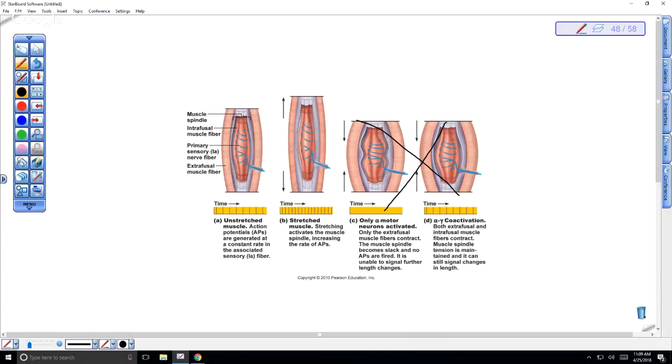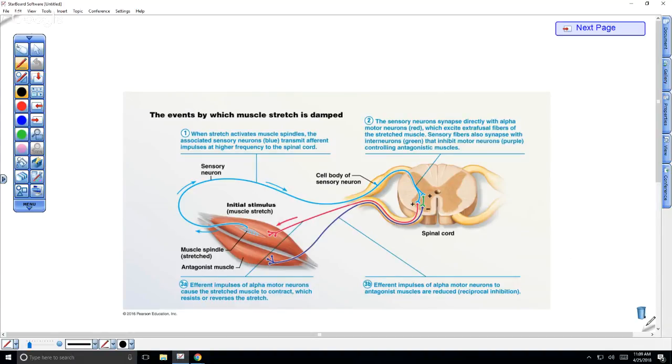And then all of a sudden the muscle stretches and the spinal cord is like, whoa, because notice that the frequency of action potentials changes. And the spinal cord can sense this and cause a response, an involuntary response to the stimulus of being stretched. A good example of this is what is called the knee jerk reflex.